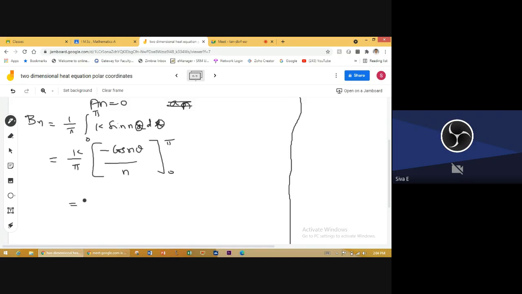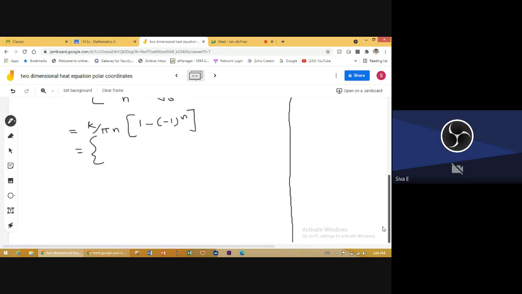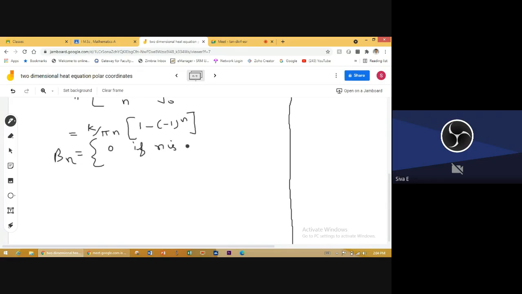Therefore, you can write this as k by pi n, k by pi n times 1 minus minus 1 whole power n. So what is the value of b n? b n equal to 0 if n is even, 2k by pi n if n is odd.